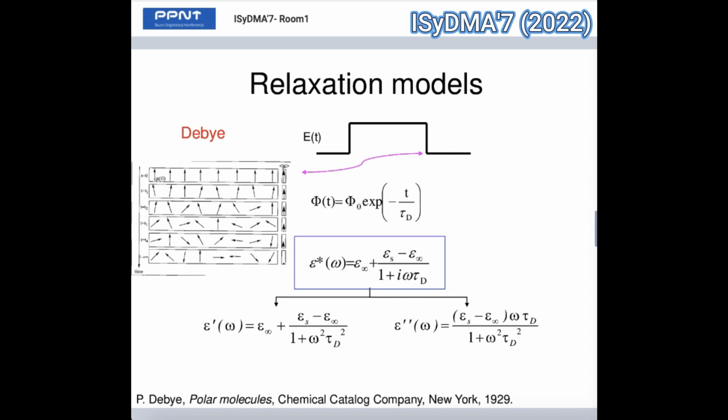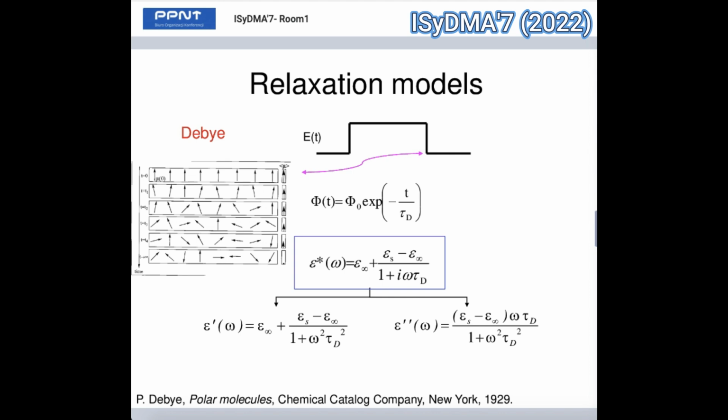You simply have to multiply this by the conjugate, and you easily obtain this expression for the real part of the complex permittivity, and this expression for the imaginary part.